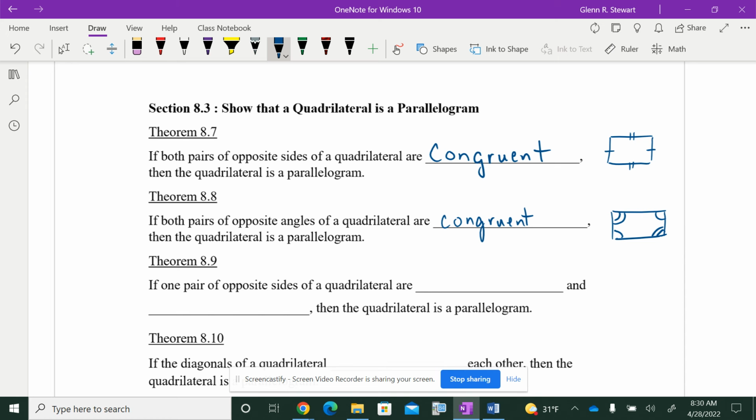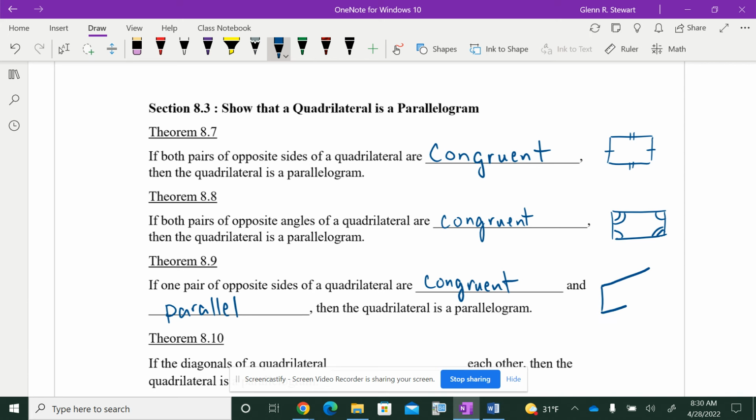If one pair of opposite sides of a quadrilateral are congruent and parallel, then the quadrilateral is a parallelogram. So again, just showing you here off to the side. Now these are not super great, I've got to redraw that one.